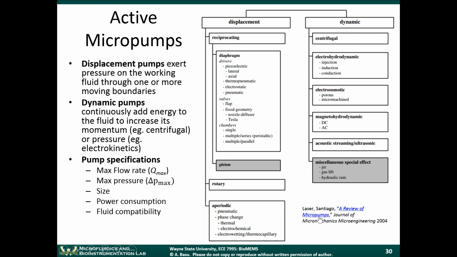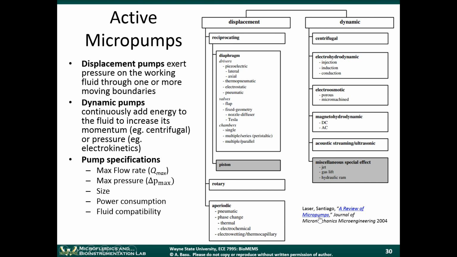So let's talk about some of the different types of pump technologies. One category of pumps is called the displacement pumps. Displacement pumps exert pressure on the working fluid through one or more moving boundaries.